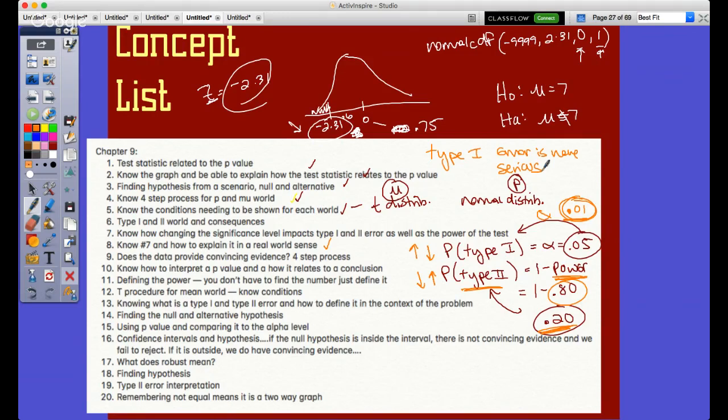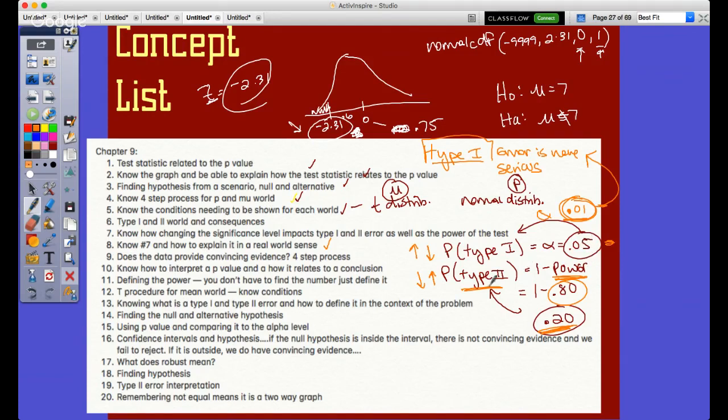If the type 1 error was the more serious of the two options based on my circumstance, I would want to have a lower type 1 error compared to type 2. So if I have the choice between a 0.01 alpha level and a 0.05 alpha level, because type 1 is more serious, I want to decrease type 1 error, even though it will increase type 2. So that's why I would use 0.01 compared to 0.05.